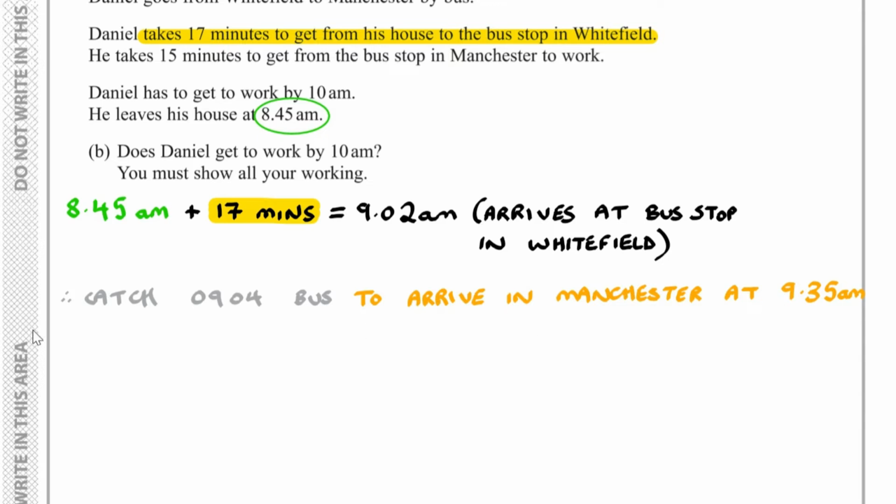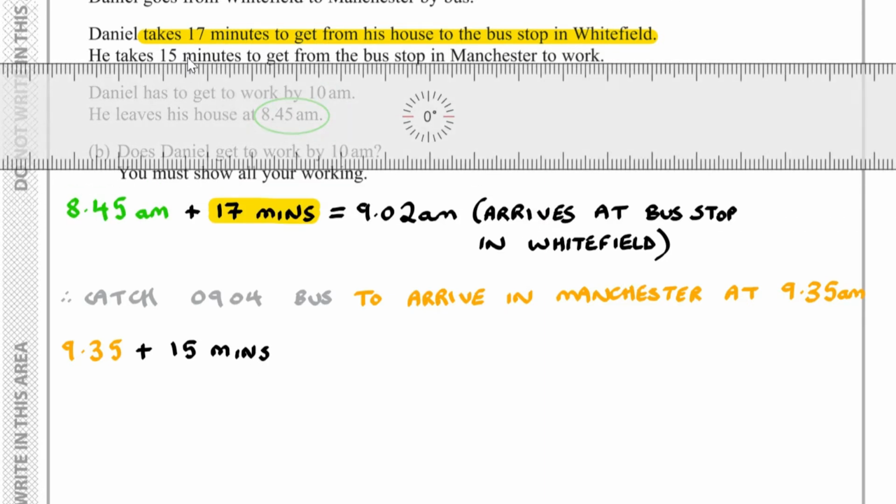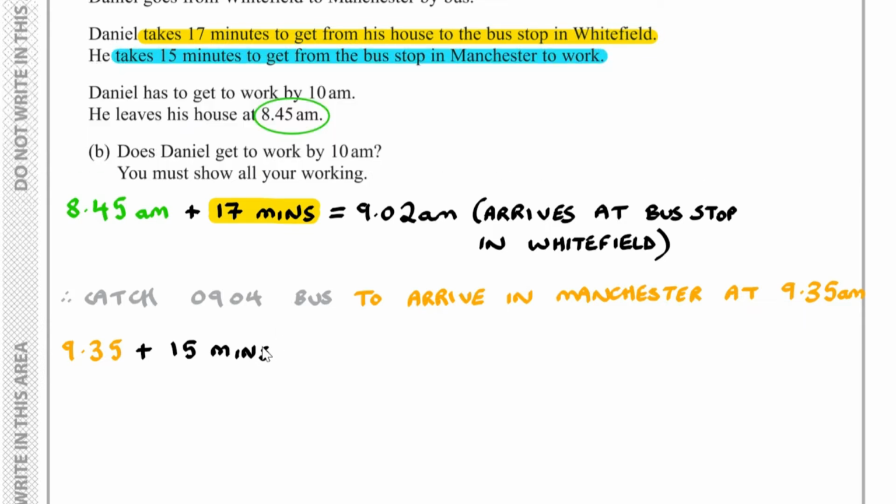So if we arrive at Manchester at 9:35 AM, what we need to do now is add on the 15 minutes, which is the time it takes for him to go from the bus stop in Manchester to work. So if we work this out, we end up with 9:50 AM.